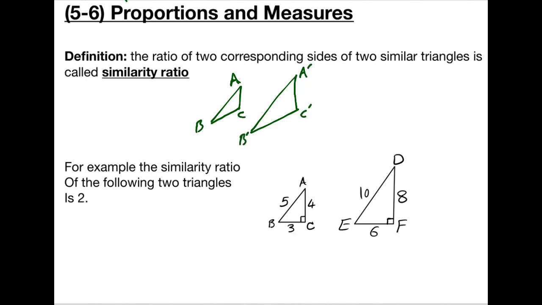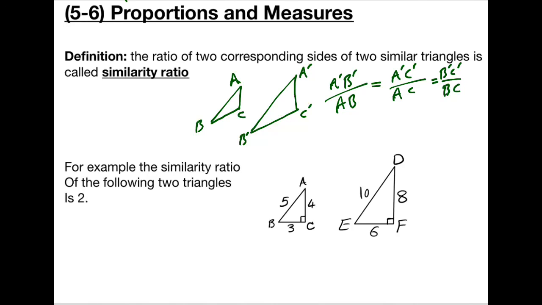So if these two triangles are similar, then the corresponding sides are proportional. In other words, A prime B prime over AB is equal to A prime C prime over AC, and that is equal to B prime C prime over BC.